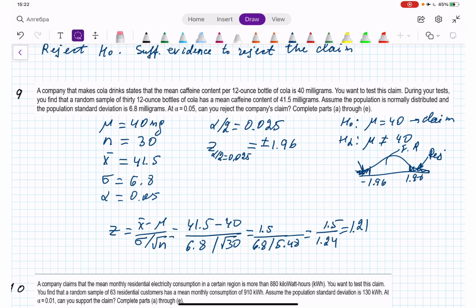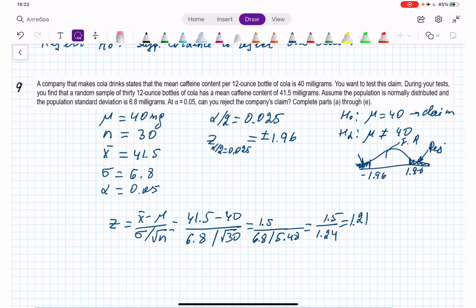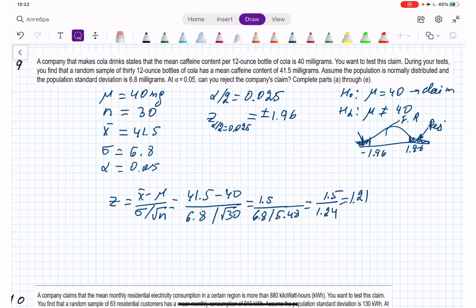So 1.21 is going to fall in the fail to reject area, because look, z standardized is 1.21 and z critical is plus minus 1.96.